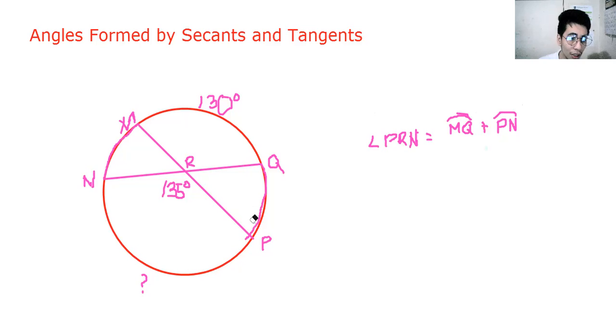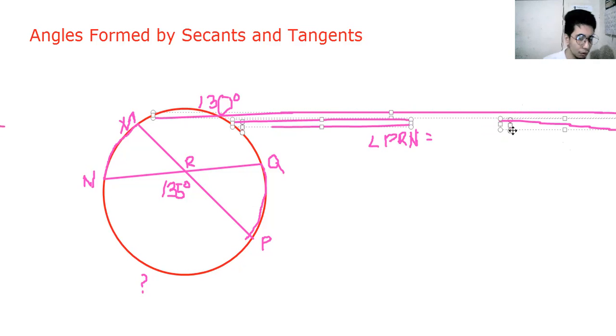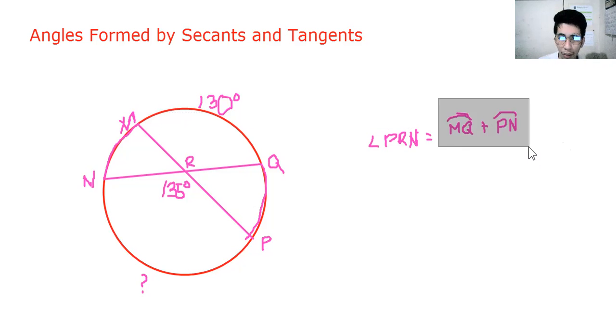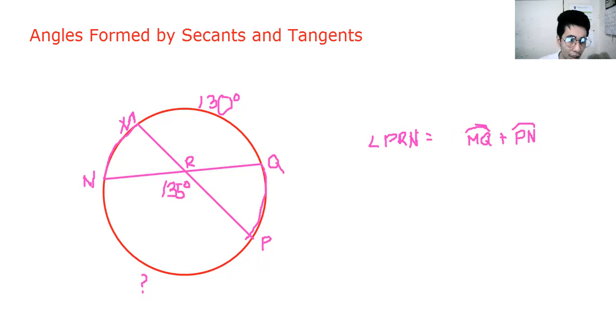So wag lang kayo malilito kasi same lang din naman yun sa 1/2. Same lang din naman yun pag tinimes natin sila sa 1/2. Kasi last time ganito yung ginamit ko, diba? Naka-times siya. So 1/2 times MQ plus PN. So same lang din naman sila.